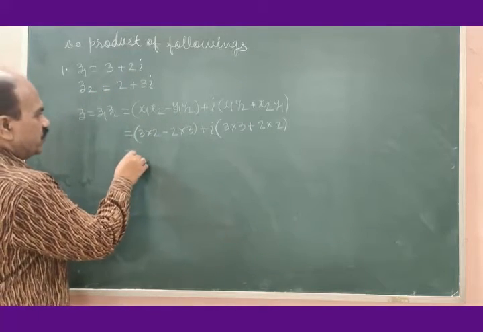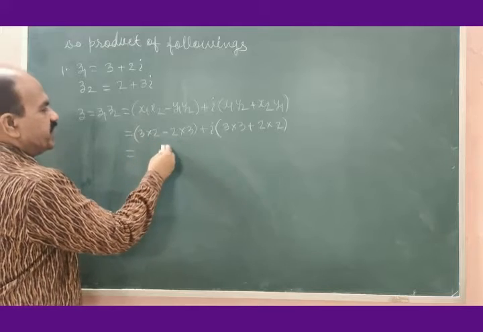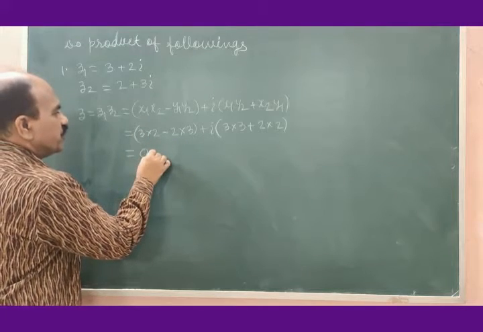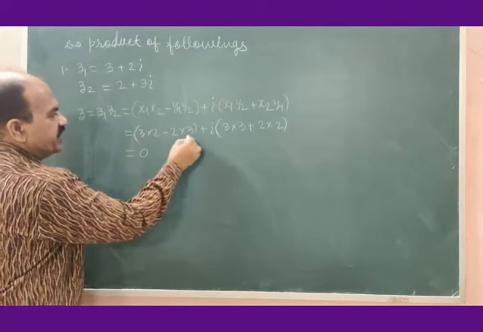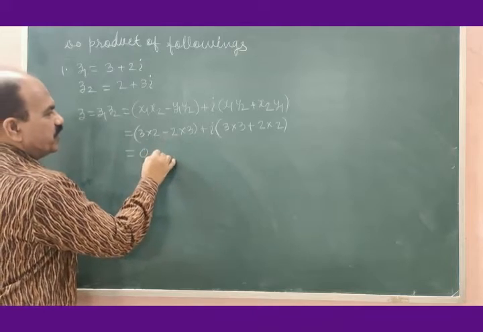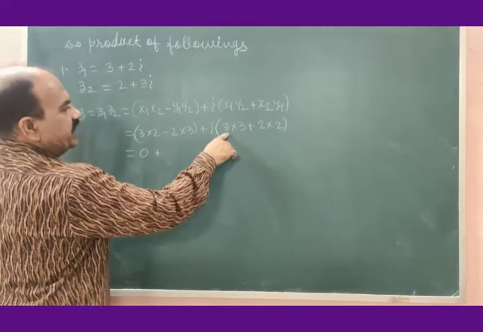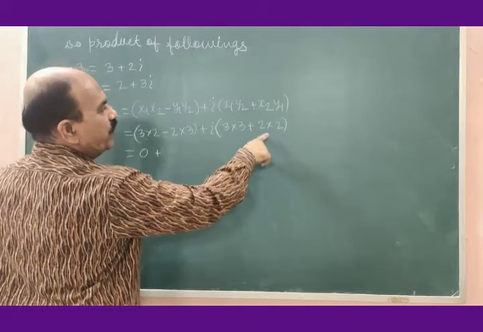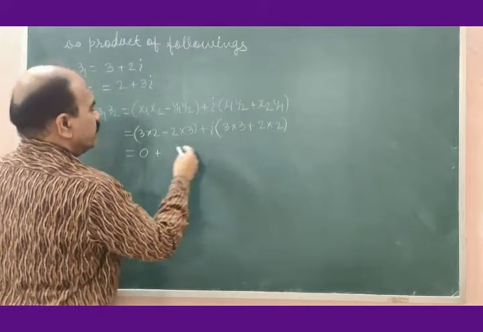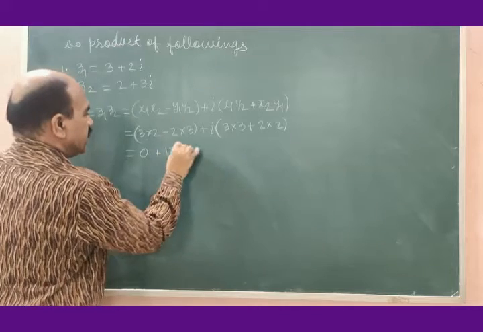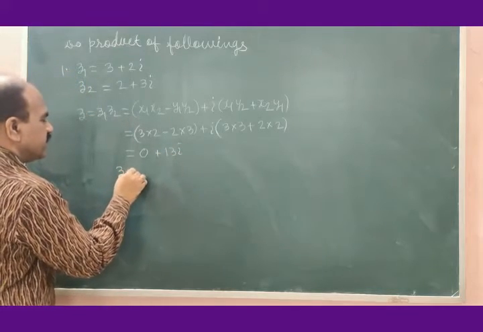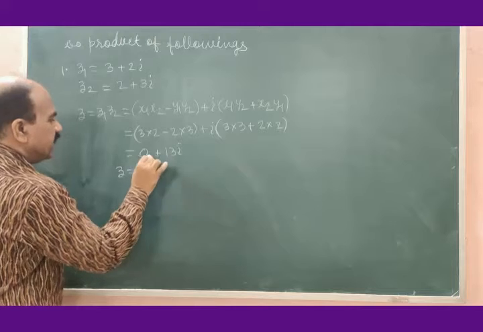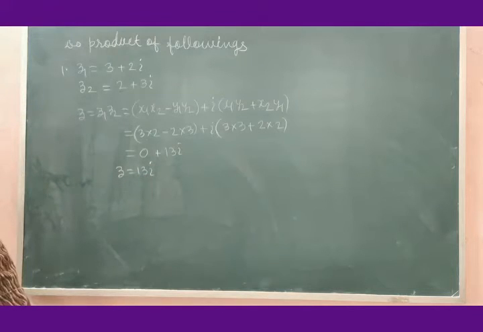This is equal to 6 minus 6, 0. Plus 3 3s are 9, plus 2 2s are 4, 9 plus 4, 13. The answer is simply 13i.